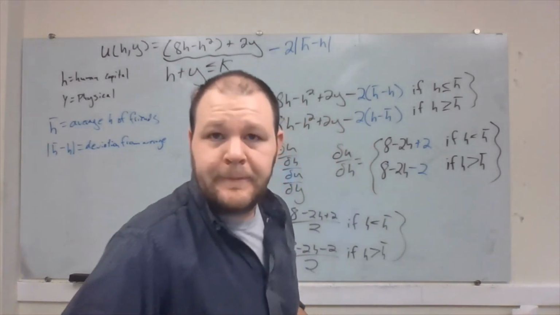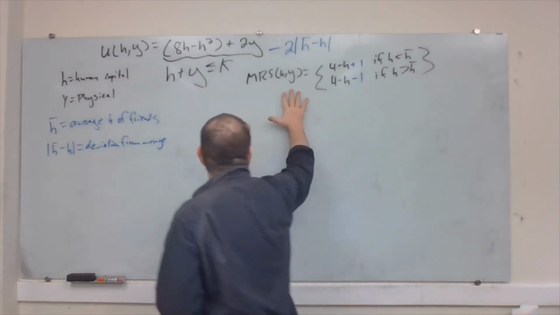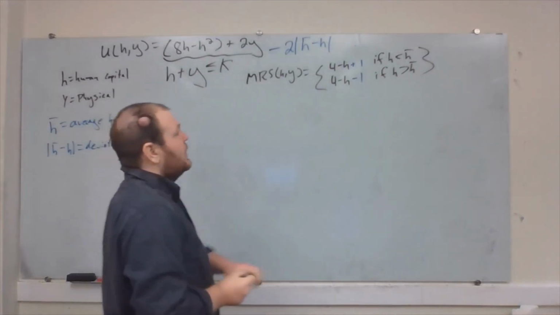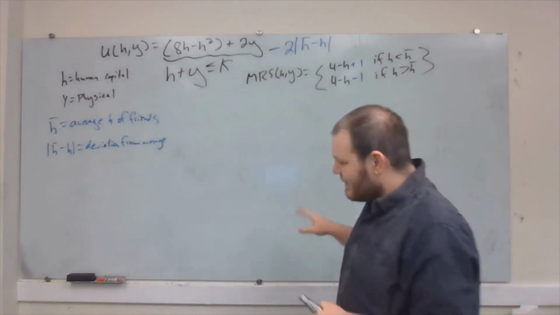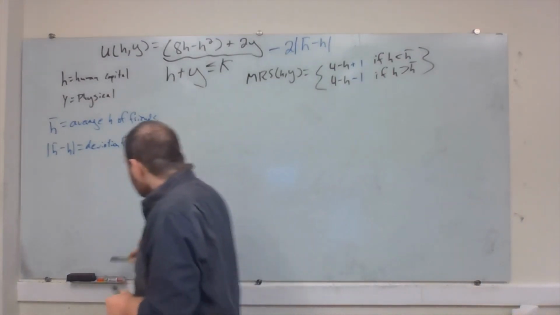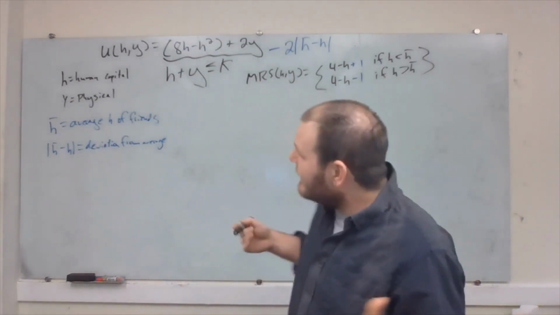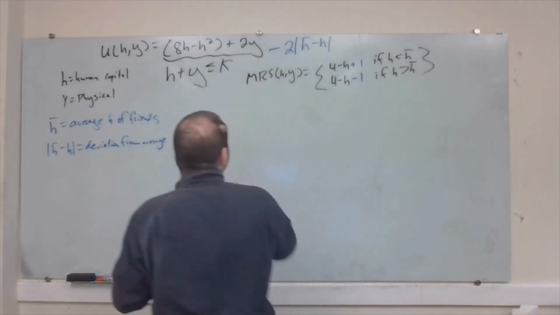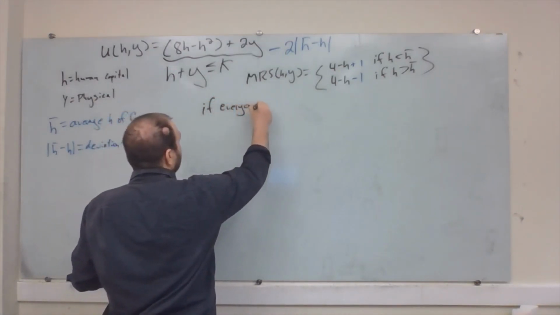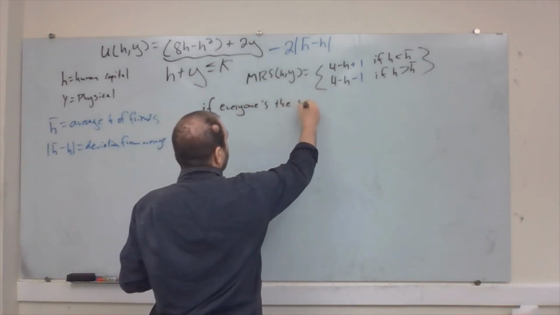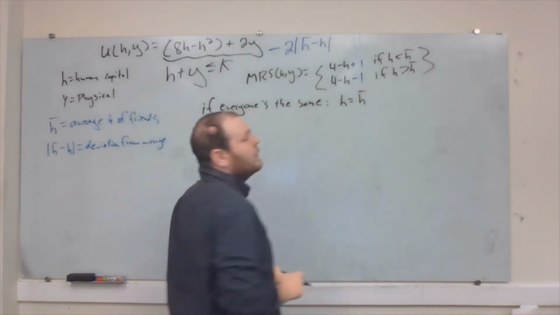Awesome. Okay. So how do we even begin to think about solving this problem when we have a weird MRS like this? Well, one way to think about this is to say, we know that in the equilibrium, if everybody's the same, again, if we've got this problem where everyone has the same preferences, we know that h has to equal h bar, right?